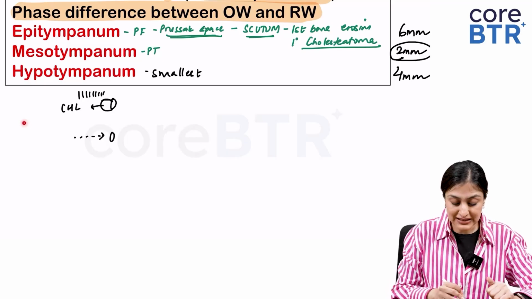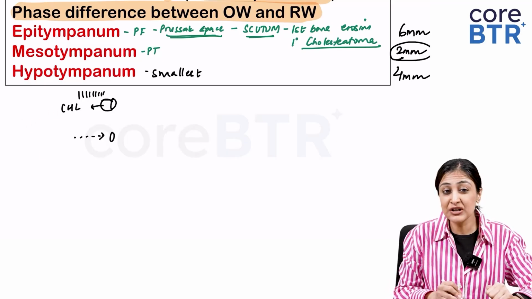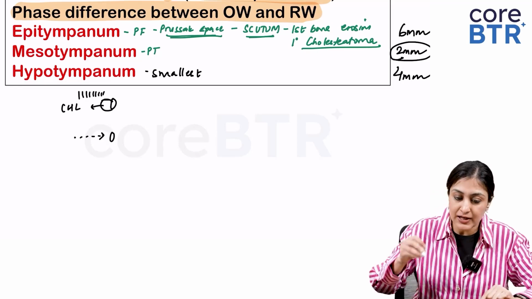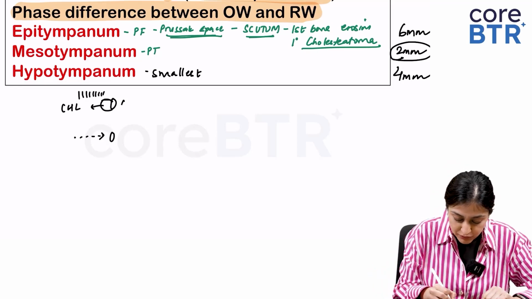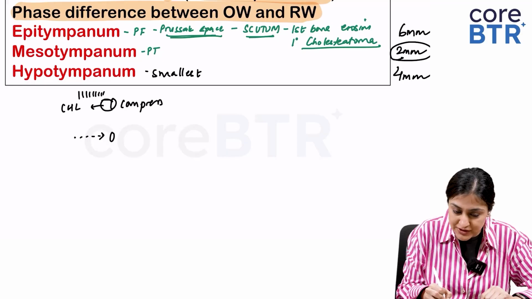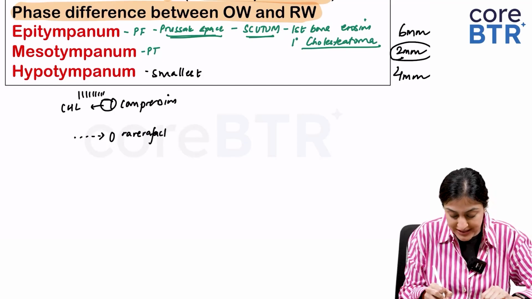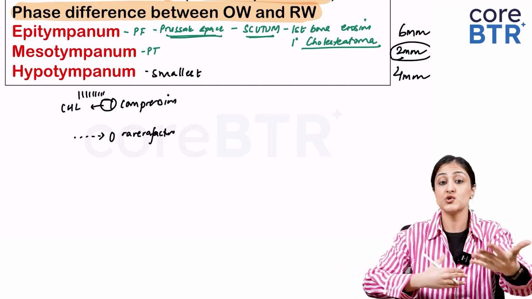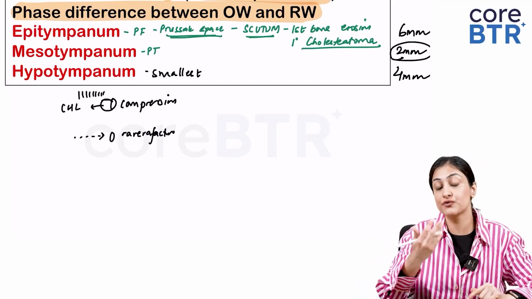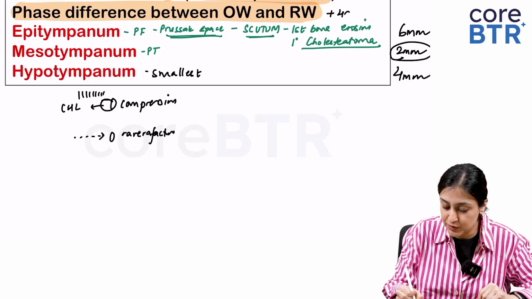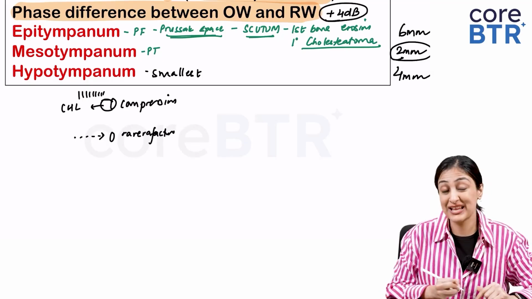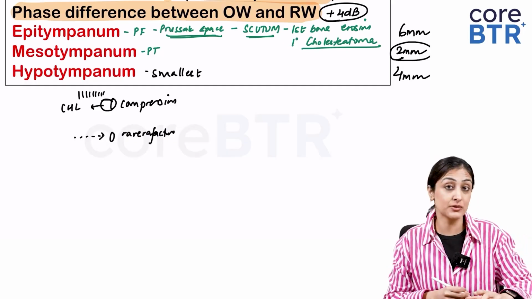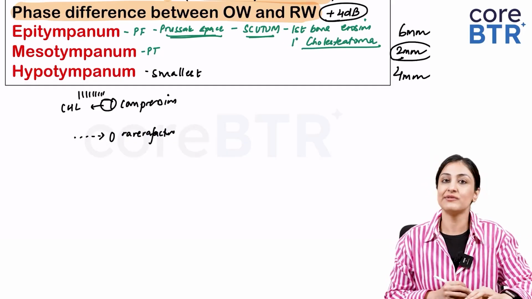Basically what you will have at the oval window is a phase of compression, while the round window is still in a phase of rarefaction, right? Sound wave has two phases, if you remember, compression and rarefaction. So this phase difference allows for an extra hearing power of 4 decibels. So that adds on again 4 decibels to your hearing. That is very, very important.